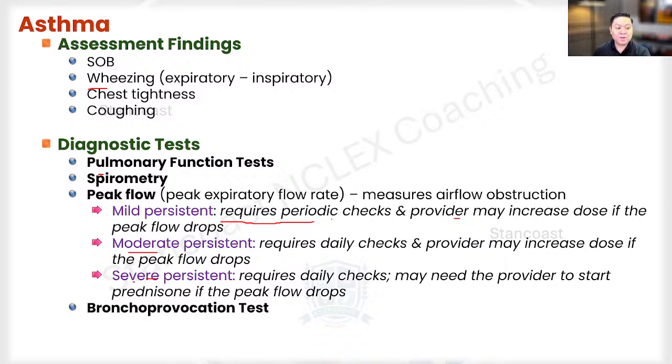In this testing, they're going to be tested with their lung function before and after inhaling a dose of a medication we call methacholine. This is a drug that will be inhaled by the patient during the test itself.